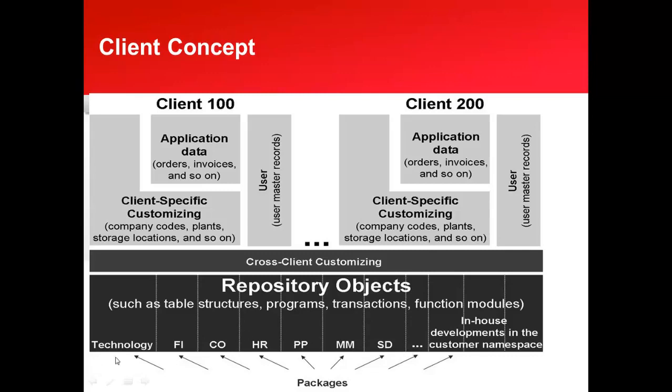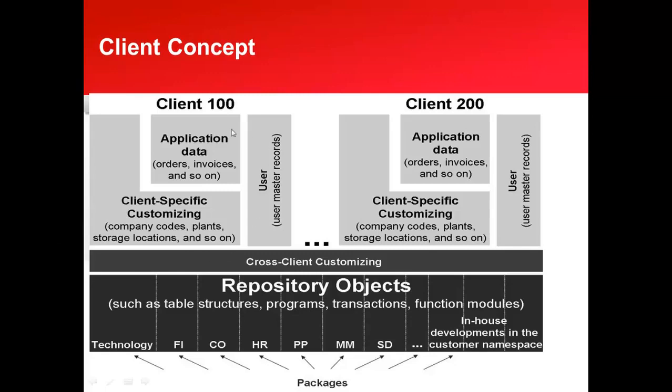Basically these are finance, controlling, human resources, production planning, material management and sales and distribution. This is the cross-client data: across the clients this data remains the same.